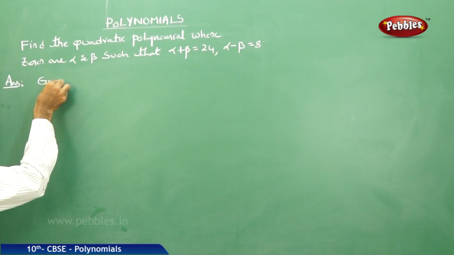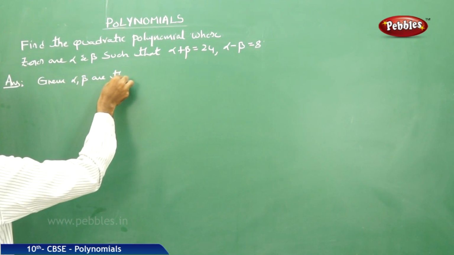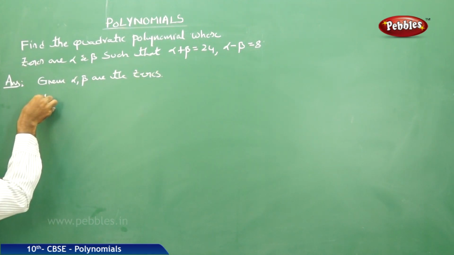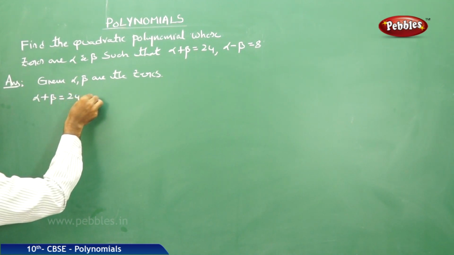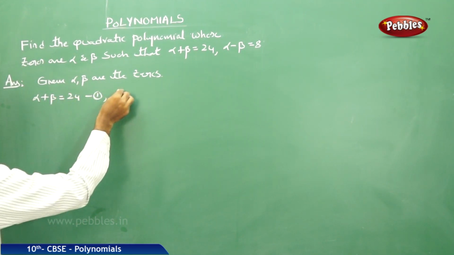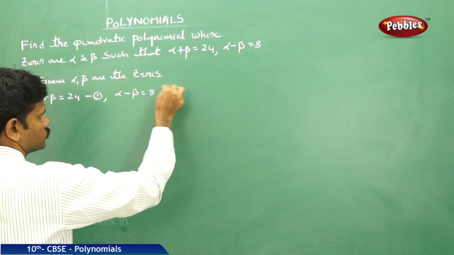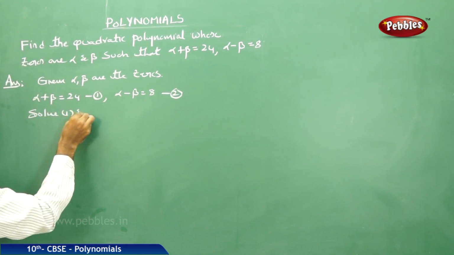Given alpha comma beta are the zeros, and alpha plus beta is equal to 24, equation 1, alpha minus beta is equal to 8, this is equation 2. Now solve equation 1 and 2.